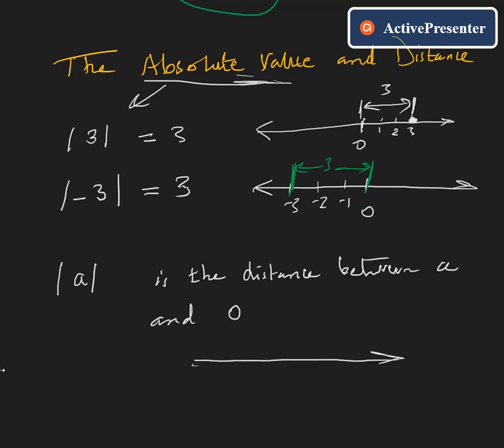If we say like this, we have here 0, and we may have here, for example, A, and here negative A. The absolute value is the distance between A and the origin, or negative A and the origin.